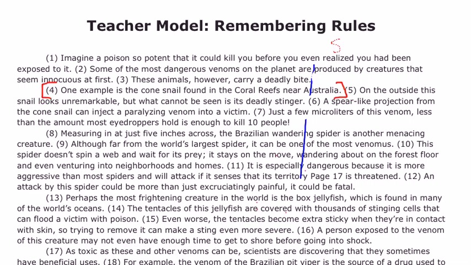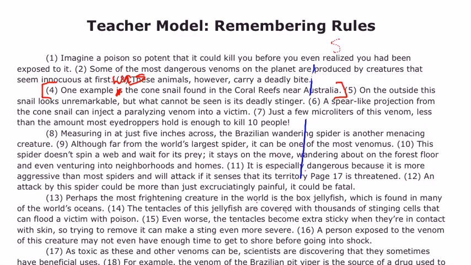I'm going to go up, I'll look at 4 and see what happens if I change is to was. One example was the cone snail found in the coral reefs near Australia. With a verb question like this going from present tense to past tense, I have to go find other verbs in the passage and see what tense they are.